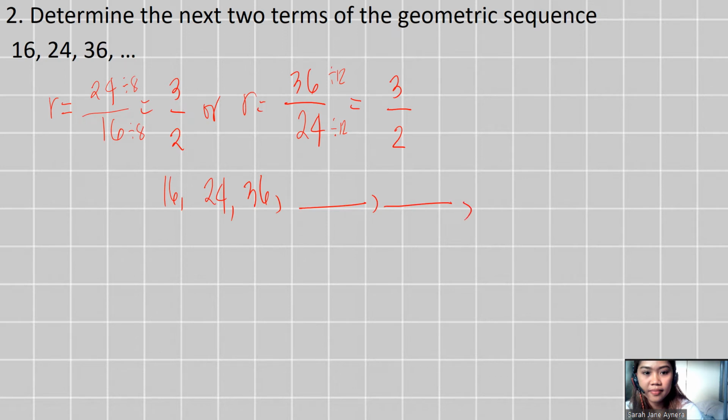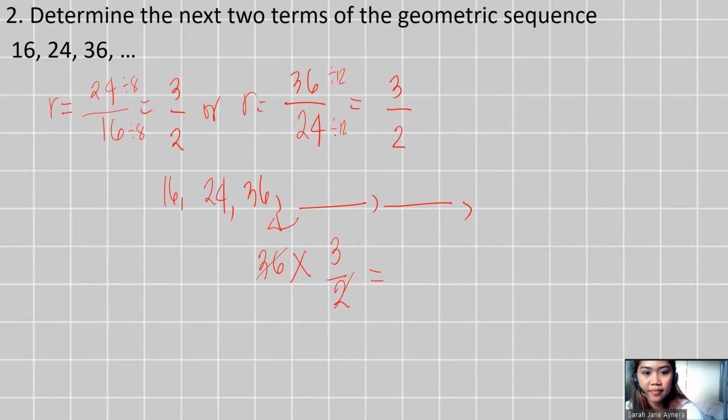So, to get the next term, we simply multiply the preceding term, which is 36, by the common ratio, 3 halves. This is equal to, so we can cancel 36 and 2.